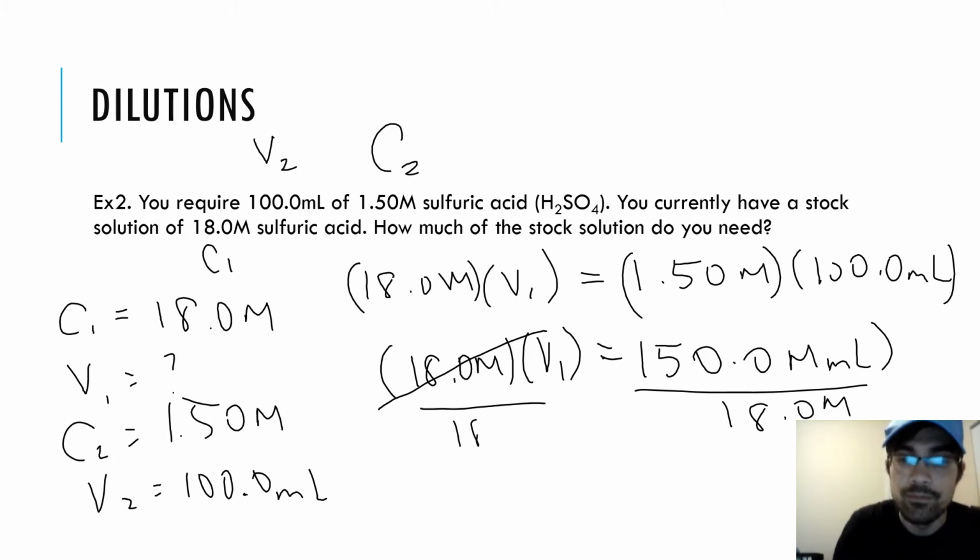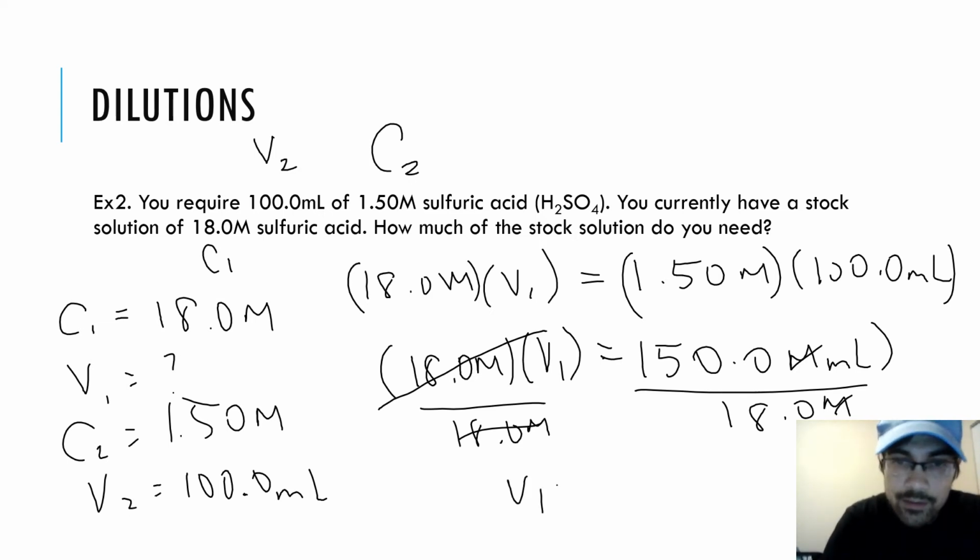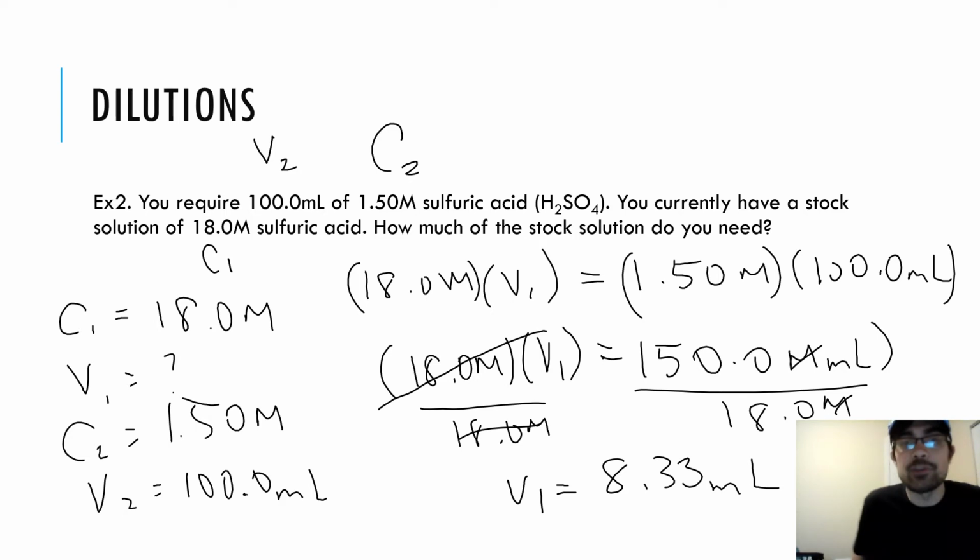Okay, so those cancel out, great. So 150 divided by 18 is, get my calculator out, 150... So V1 is equal to 8.33 milliliters. Okay, so that is how much of the stock solution we are going to need.